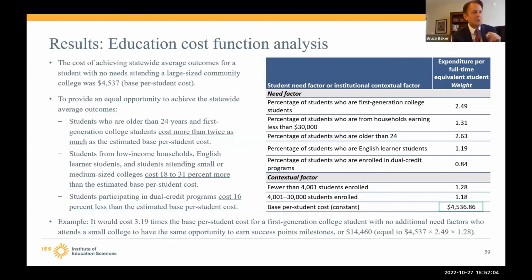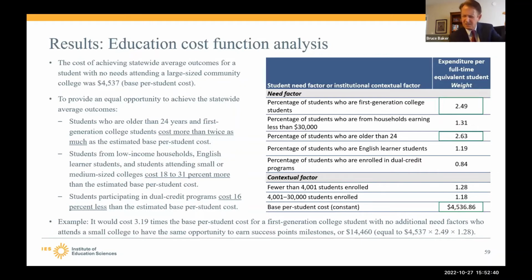To provide equal opportunity to achieve those statewide average outcomes, students who are older than 24 and first gen cost more than double that estimated base. And most institutions have at least some, if not many, of those students. Students from low-income households, English learner students, and students attending smaller, medium-sized colleges cost another 18 to 31% more. And again, many of these institutions are of that size and have students of those characteristics.